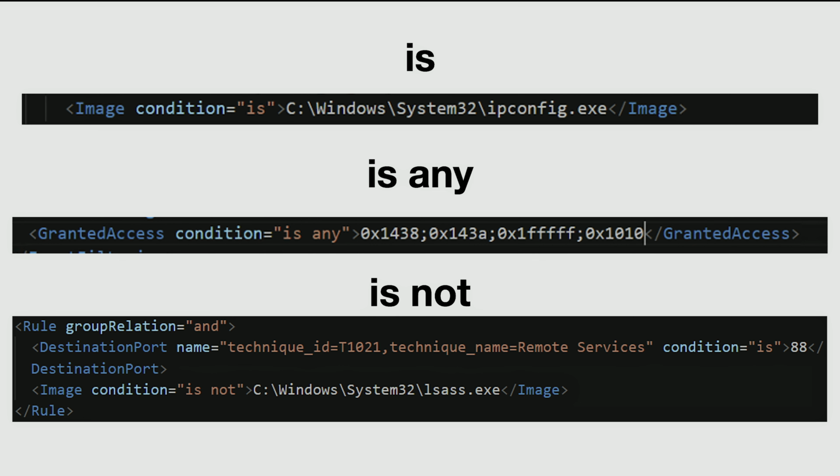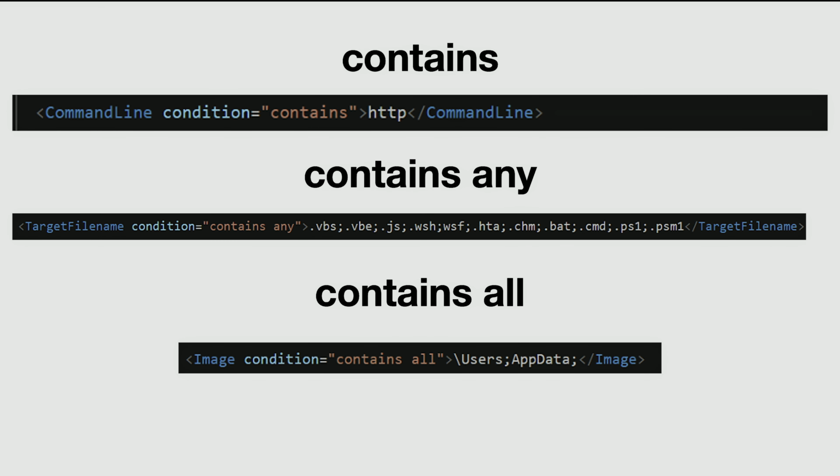In this case, I have a compound rule as an example where destination port is going to be 88. And then the condition is not is going to be Windows System32 lsass.exe. So any other process that tries to talk to Kerberos, I'm going to match in the case of this compound rule. Now, when we take a look at the other operator, we have contains.